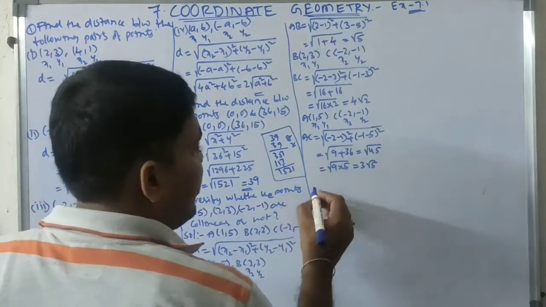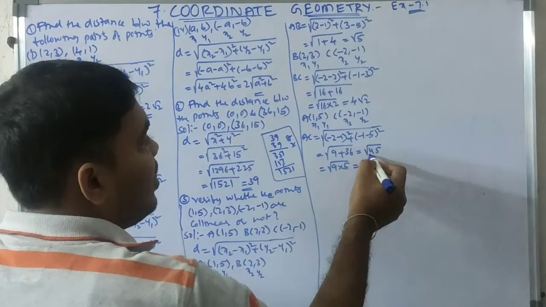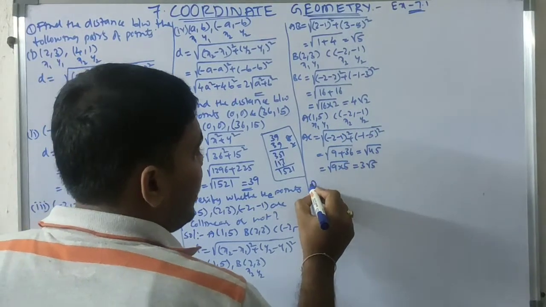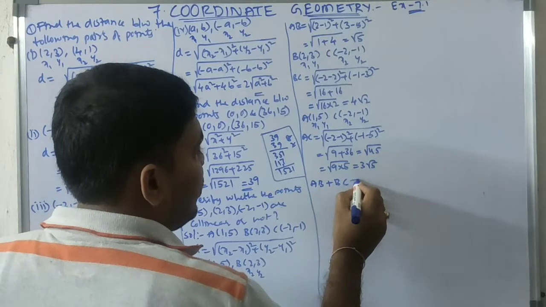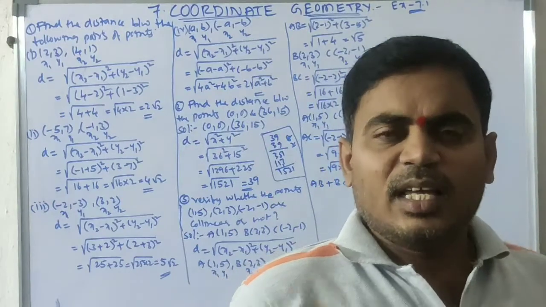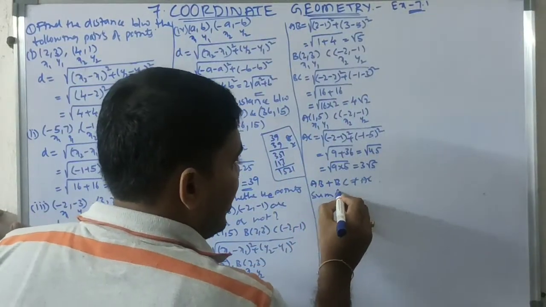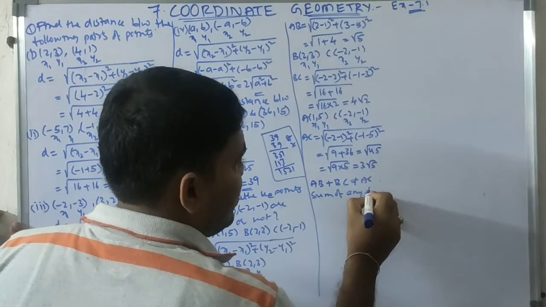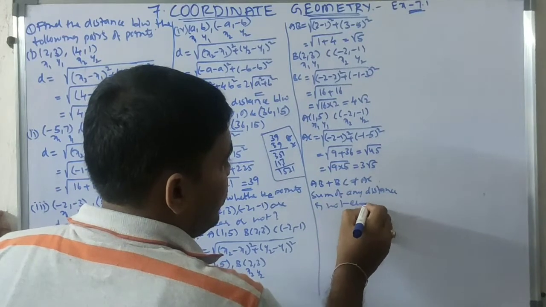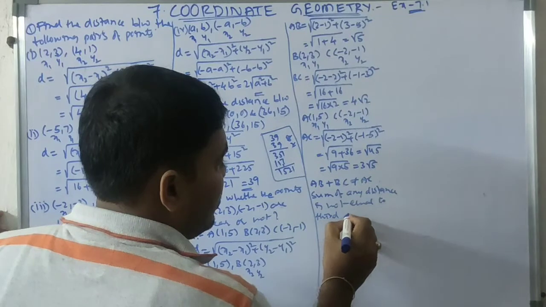So this is the smaller, this is the bigger one. Okay, so AB plus BC not equal to AC. Not only this, sum of any two distances is not equal to the third distance.